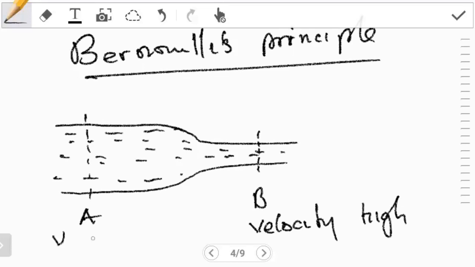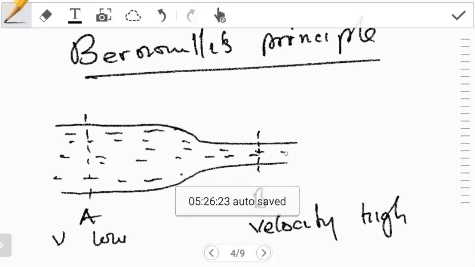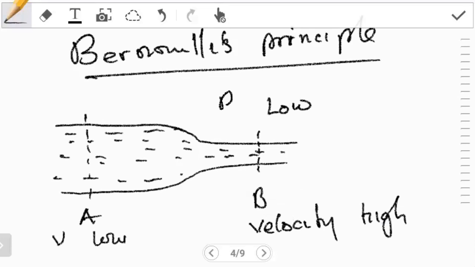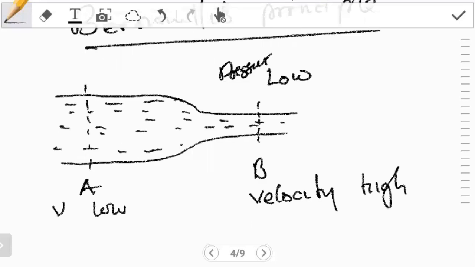Now, what Bernoulli concluded is that if the velocity at B is high, then what we expect is that the pressure at the same point is going to be low. So pressure here is going to be low. And if at A the velocity is low, then what we expect is that pressure is going to be high.